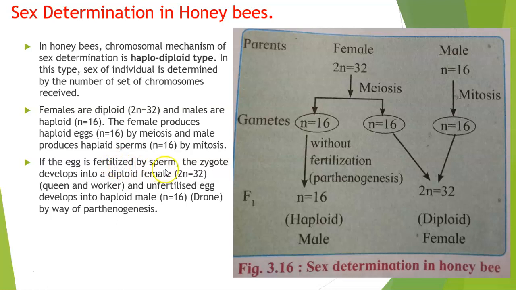If the egg is fertilized by the sperm, 2n is restored, then you have a queen or a worker, and an unfertilized egg develops into a haploid male, n=16, which is called a drone, by way of parthenogenesis. Parthenogenesis is a process where you have the development of an organism without fertilization taking place.